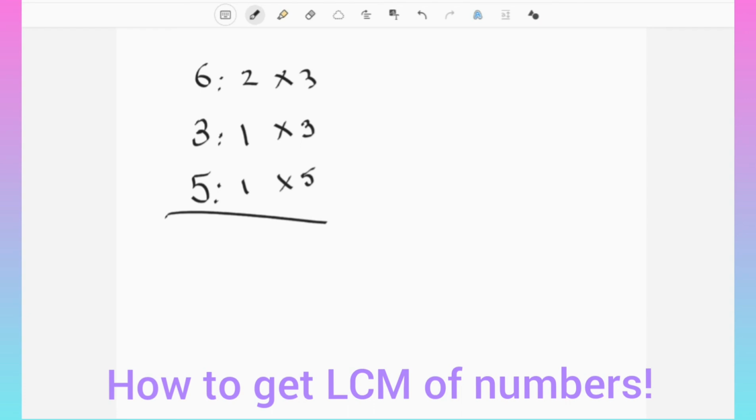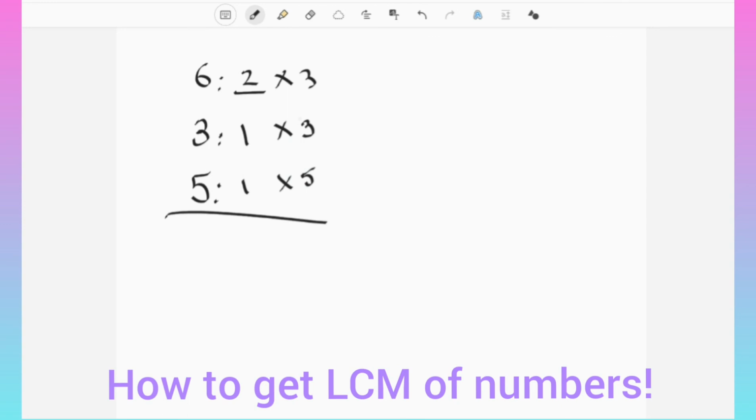So what is the first prime number? It is 2. Highlight 2 like this. Make sure you see which one has the highest count of 2s. There are no more 2s here, so I'm going to highlight the only 2. Since there are no more 2s, we move on to the next prime number, which is 3.